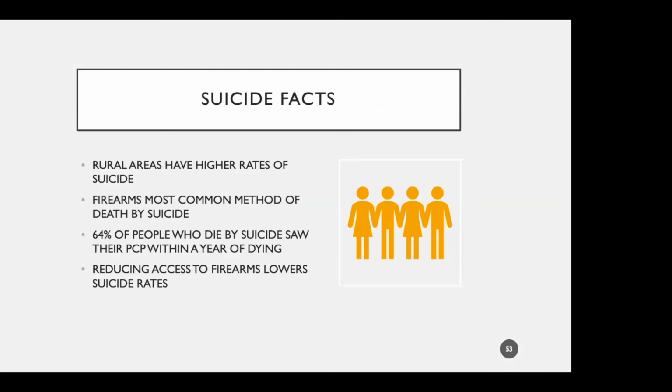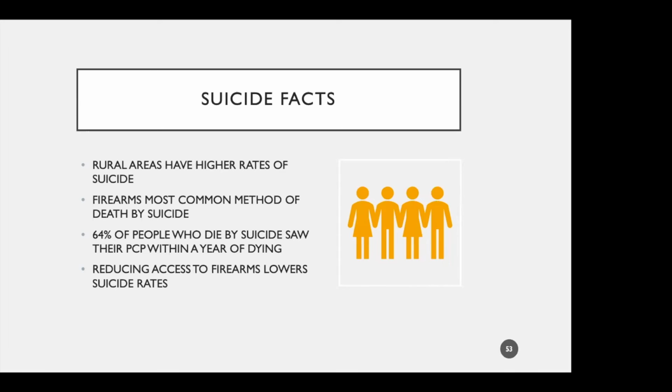Next slide. Here are some other facts about suicide. Next slide. Firearms are the most common means, and how sad is that fact? 64% of older adults who died by suicide saw their primary care provider within a year of dying.